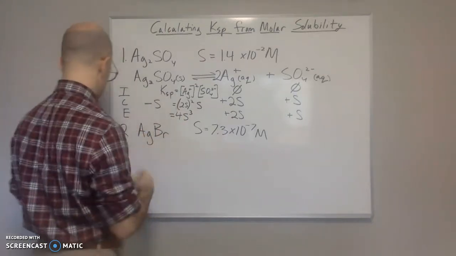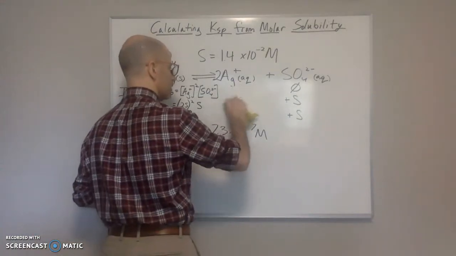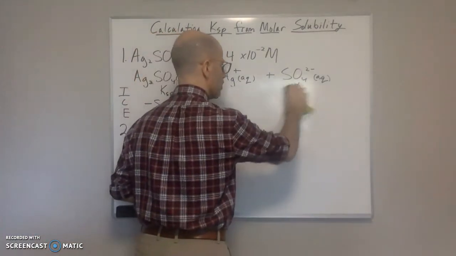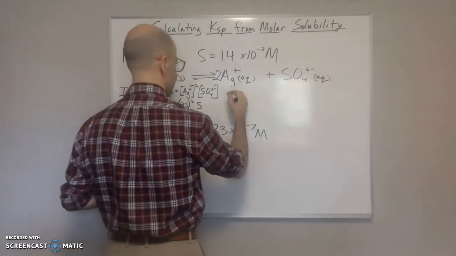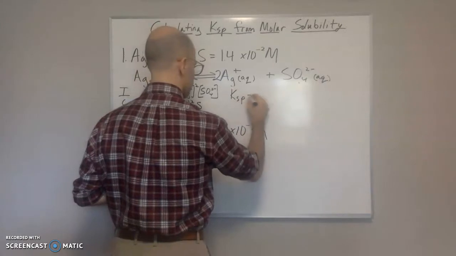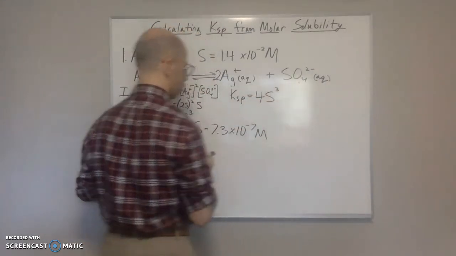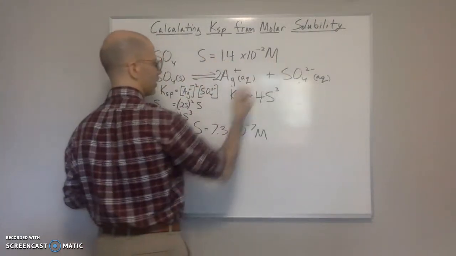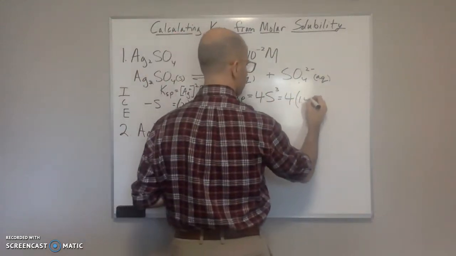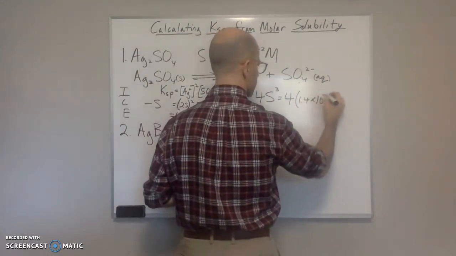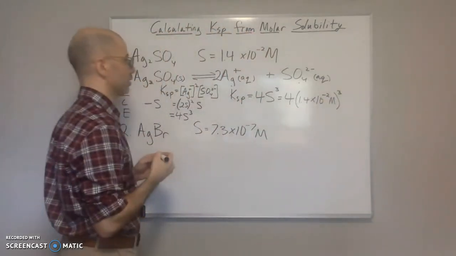Now let me go ahead and erase this so we can make some room. So we have Ksp is equal to 4 times the molar solubility cubed. We're given the molar solubility here, so we just plug that in. It's going to be 4 times 1.4 times 10 to the negative 2 molar, and then that's cubed.